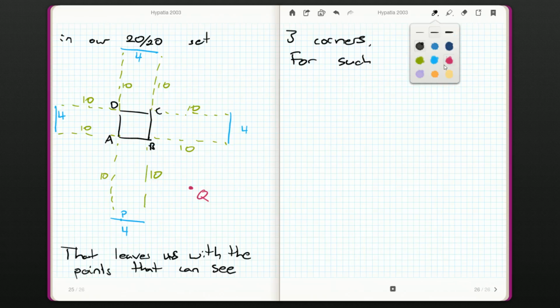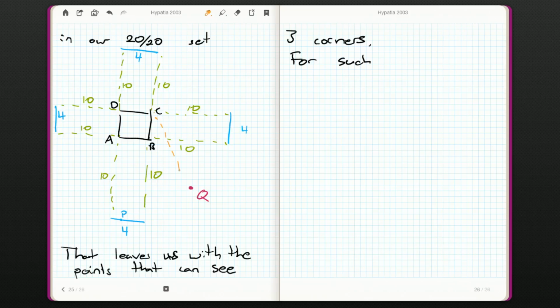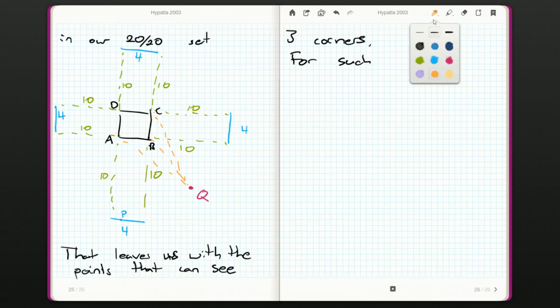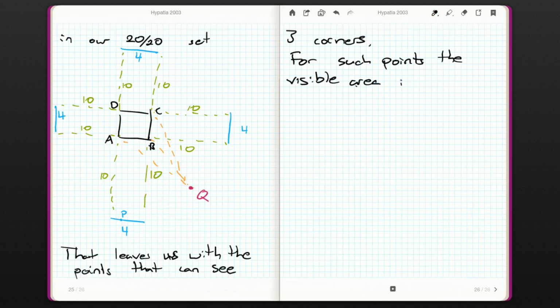So for such points, the visible area is the sum of 2 triangles.